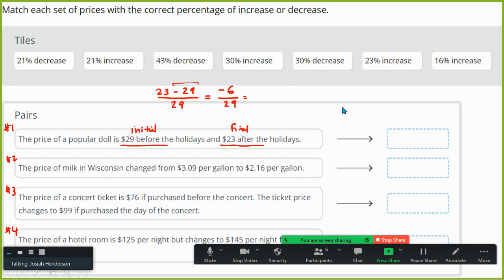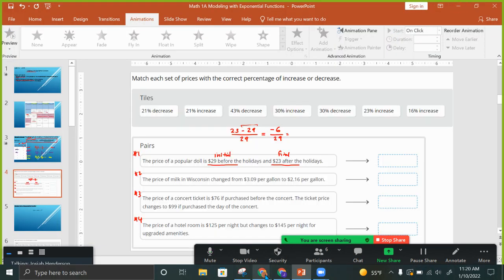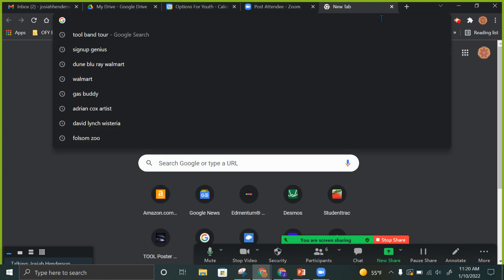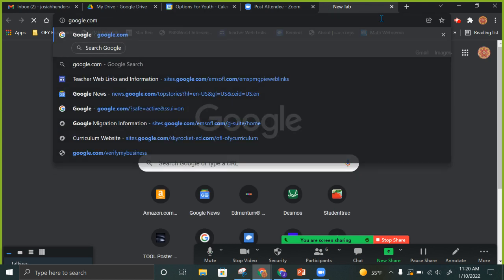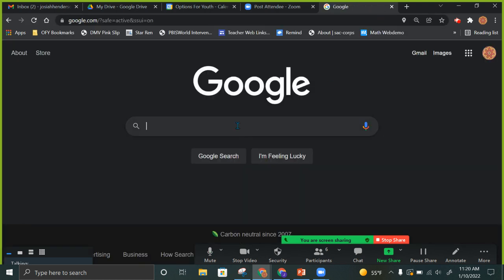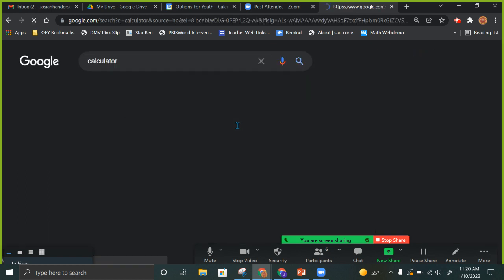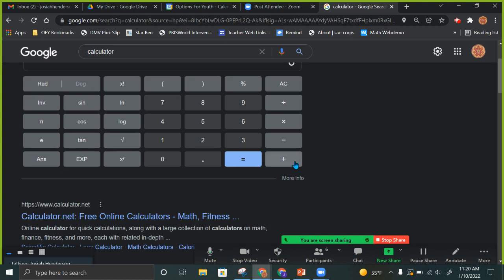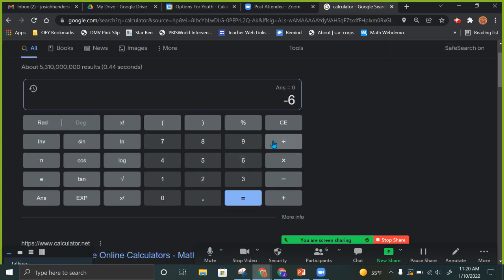Let me show you how to do this. Just you two did it correctly, but just so that we all know how to do it, I want to look at it real quick with you. If you use the Google calculator, -6 divided by 29.